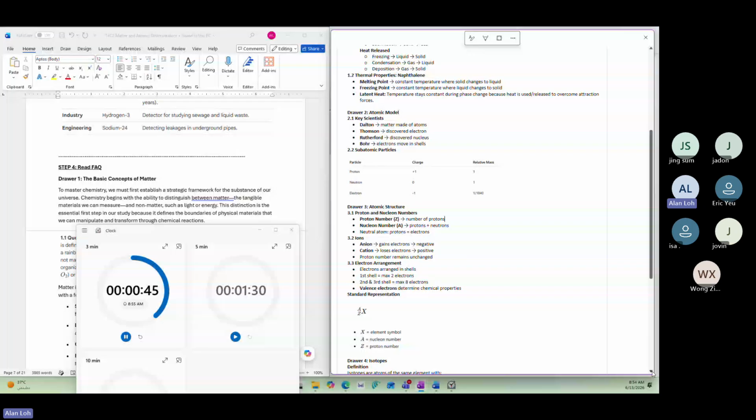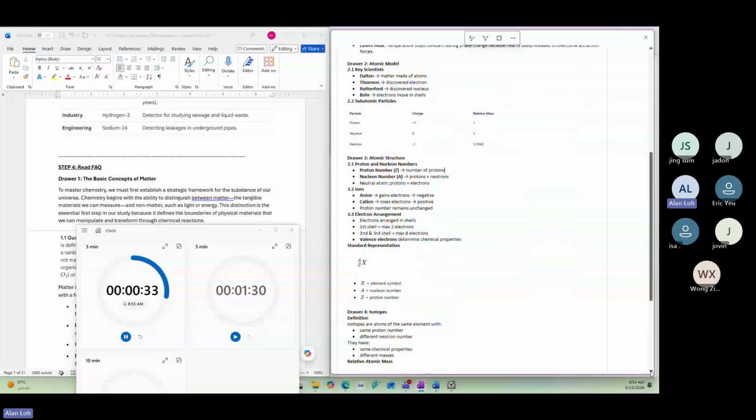Okay, you should be in drawer 3 or 4 by now. Twenty more seconds.